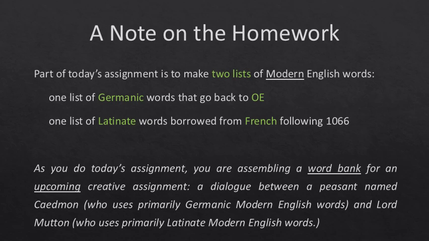And this is set in maybe the 1400s, 1300s in the Middle Ages, and they're going to have maybe an altercation between a peasant named Cadman and a lord named Mutton, and the peasant's going to speak in good old Anglo-Saxon words in modern English, and Lord Mutton is going to use all kinds of flowery, fancy, institutional, cuisine-related, power-related modern English words which go back to the French borrowings and which have Latinate register and etymology to them.